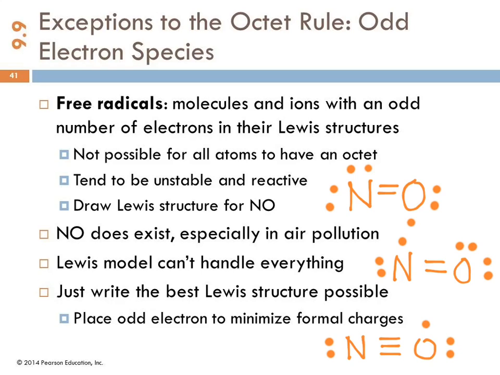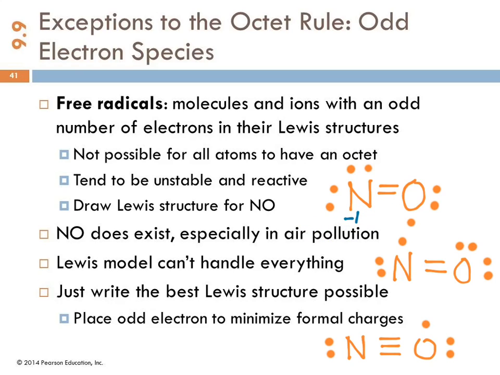So let's look at the formal charges. Formal charges are the most straightforward way of deciding which one of these is best. On this nitrogen, what's the formal charge? -1. Nitrogen brings 5 to the molecule, but in this arrangement, he's owning 6. 5 minus 6, -1.